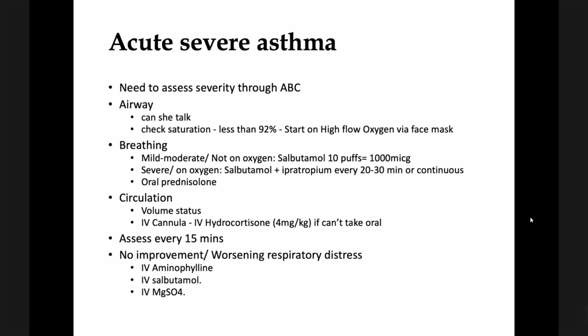Now, IV aminophylline, the biggest problem is it has a narrow therapeutic index. I'm sure you will remember from your old pharmacology lectures. So ideally, you should be able to monitor the aminophylline level, but such facilities are not available. So with IV aminophylline, usually you give a bolus unless the patient had been on theophylline.